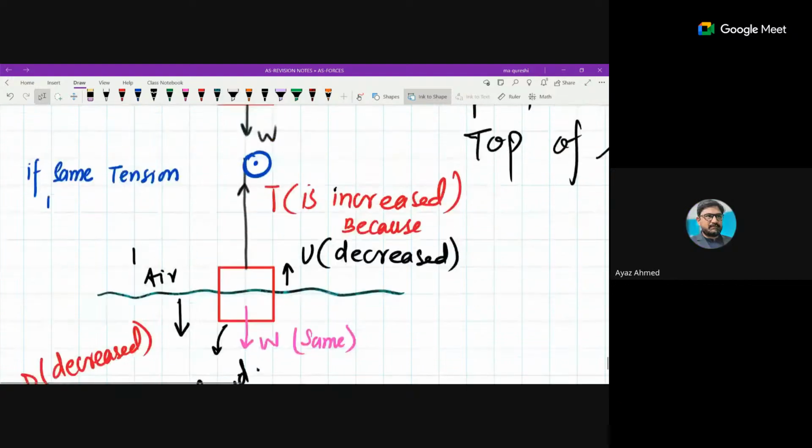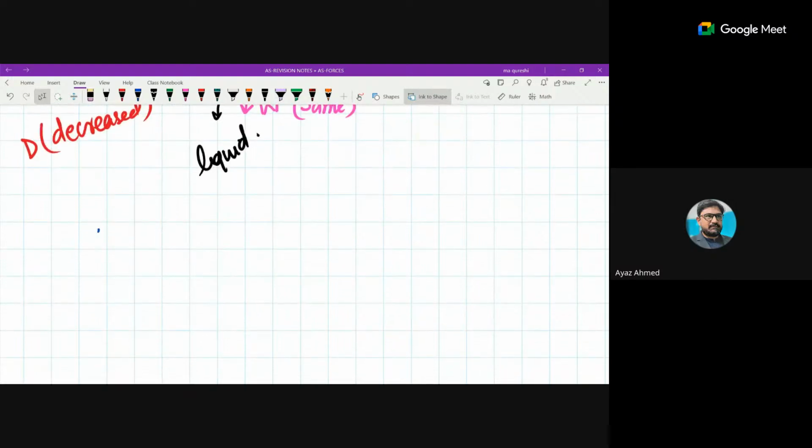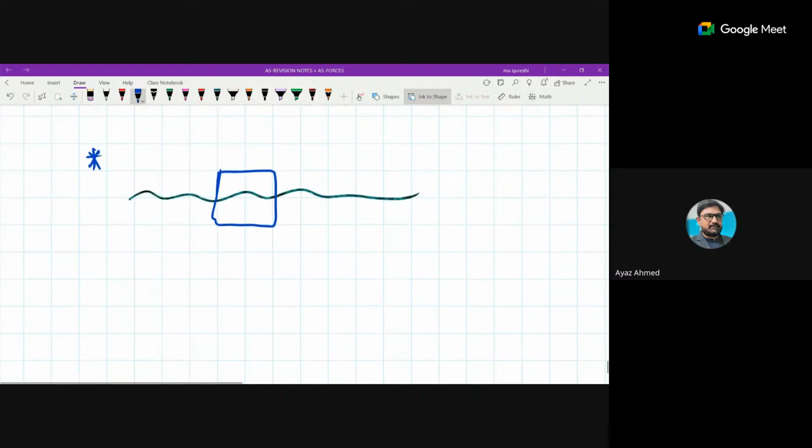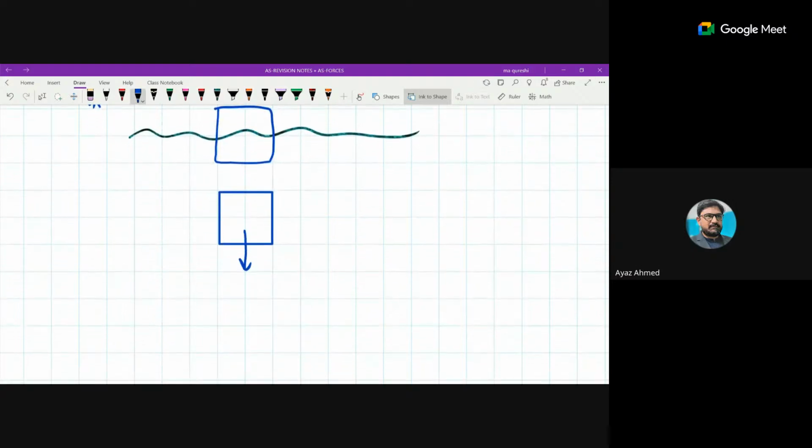It will not move up because, let me explain it. Here the object was under the water, and here it is partially above the water. Let's put in values.